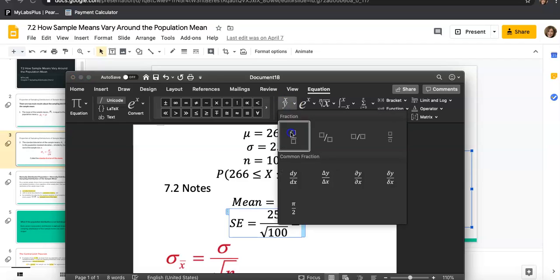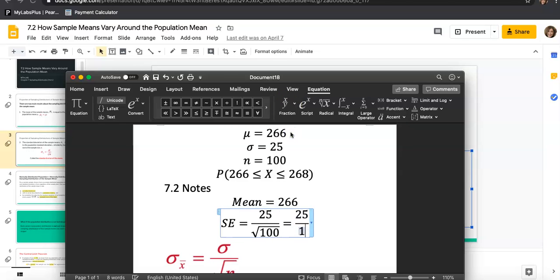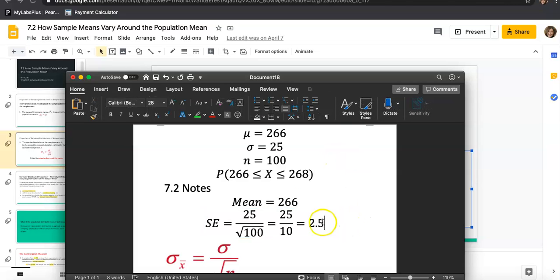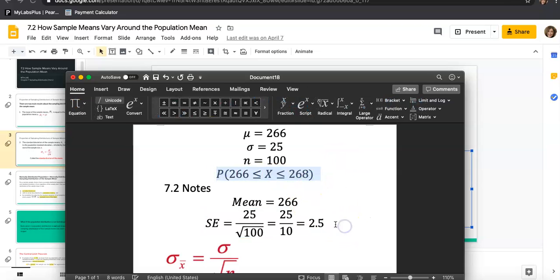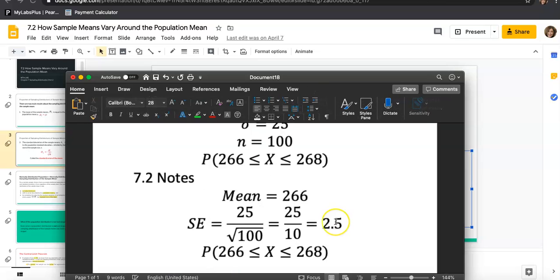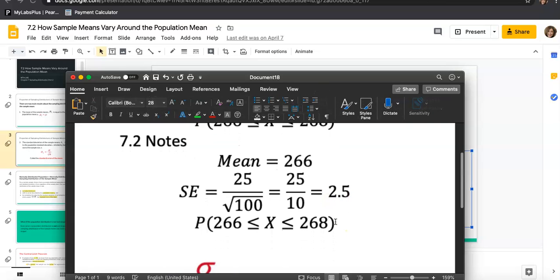So that's going to turn into 25 over 10, and that in decimal is going to be 2.5. And we still want to find the probability that X is in between 266 but less than 268. So we had to identify these three things. What's the mean? What's the standard deviation of the sampling distribution of sample mean, in other words, standard error, and what do we want to calculate?